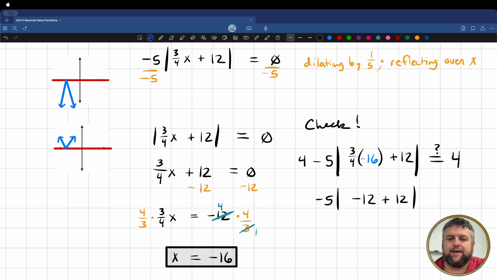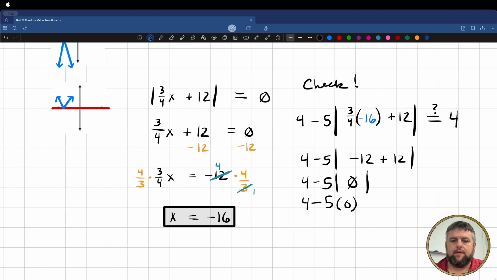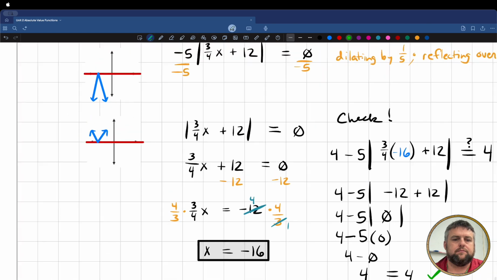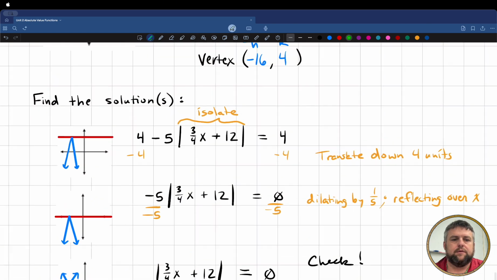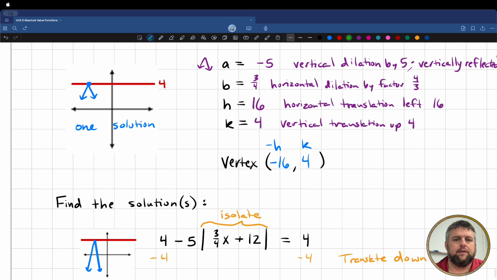Multiply that by -5 and we'll add 4. The inside of this is going to give us 0. 5 times the absolute value of 0 is 0. This gives us 4 minus 0, and 4 minus 0 is 4, and 4 equals 4. So this is a great solution. And that's through the process.